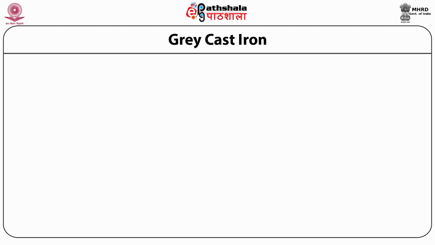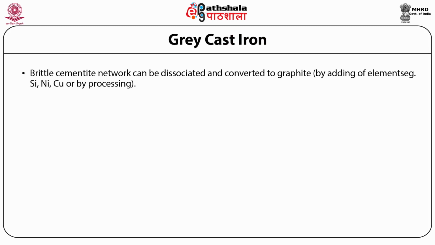Grey cast iron. The brittle cementite network can be dissociated and converted to graphite with the addition of some graphitizing elements like silicon, nickel, copper, or by employing slow cooling, increasing carbon content, etc. This makes the cast iron tough and ductile.